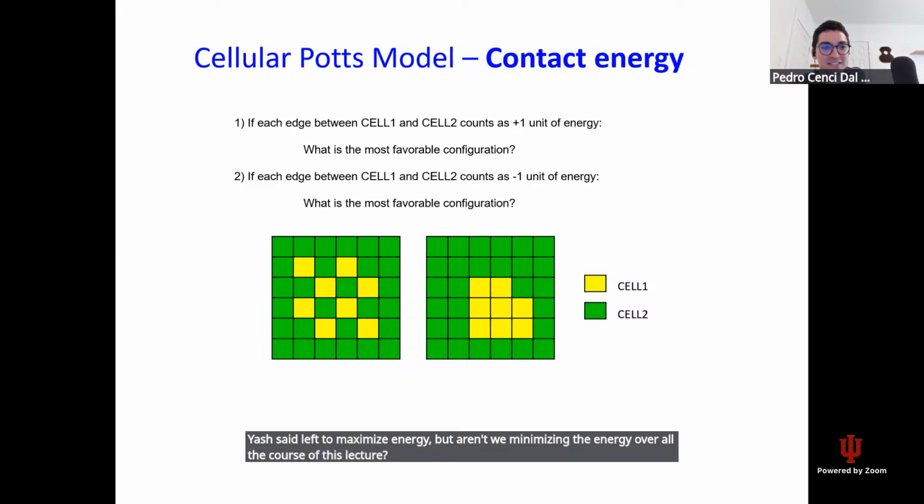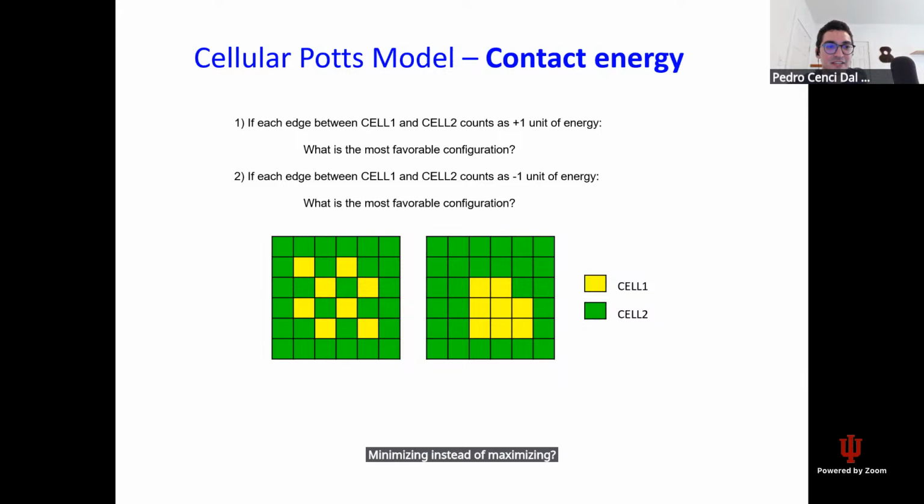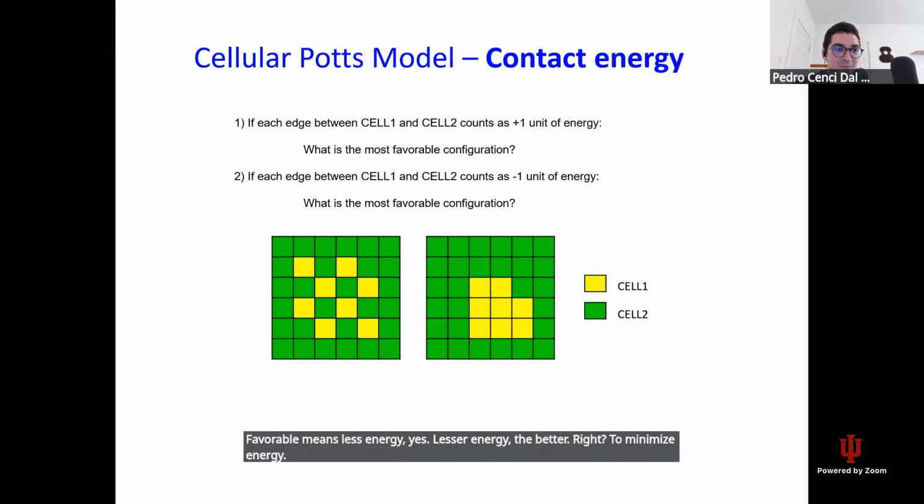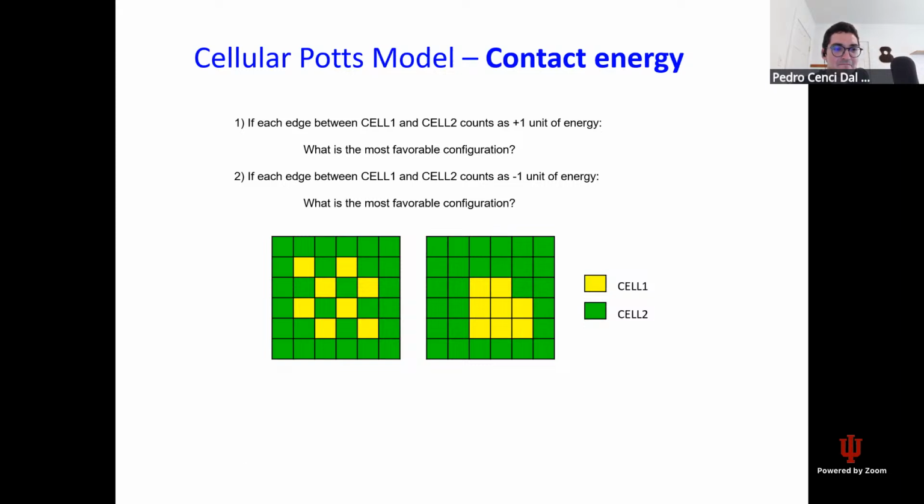Minimizing instead of maximizing? Why is the left favorable? Favorable means less energy. Yes, the lesser the energy, the better. Right, to minimize energy. Less contact, less energy. Perfect.